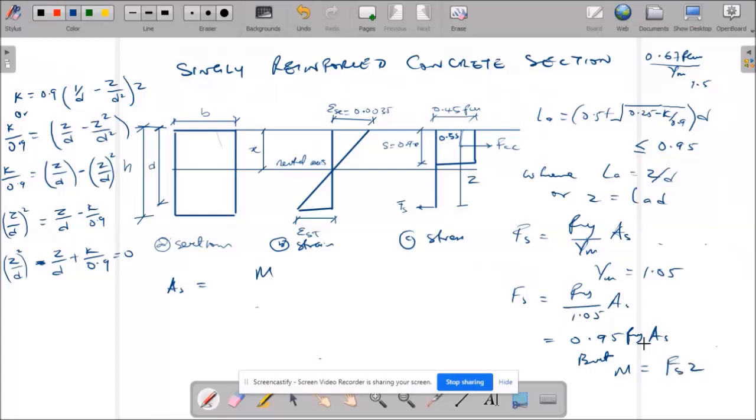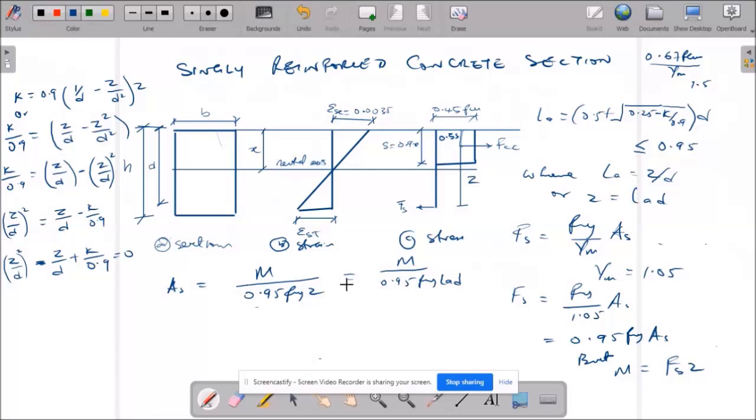This is our Fs times Z. So As is equal to M over 0.95 Fy Z, and this will still be equal to, if we replace Z with LAD, since Z is equal to LAD, M over 0.95 Fy LAD.